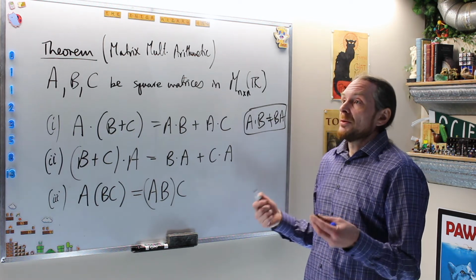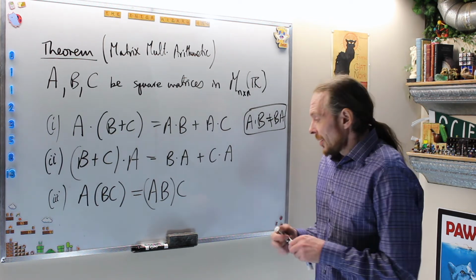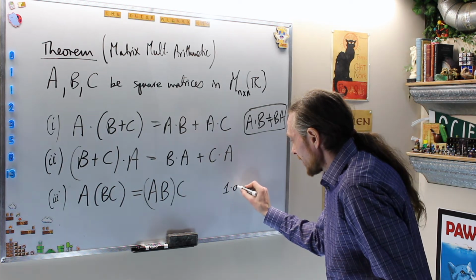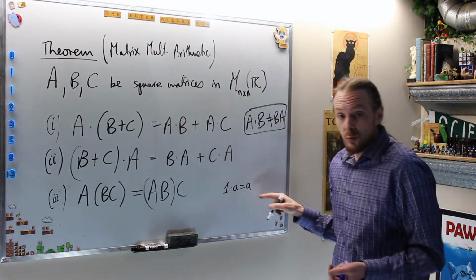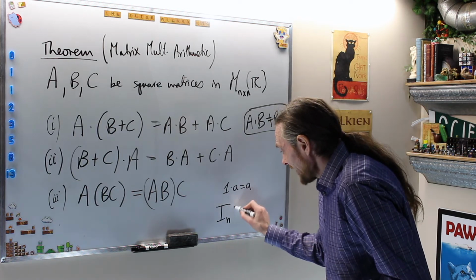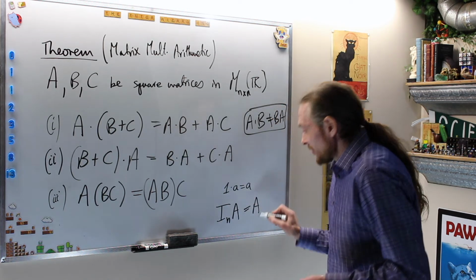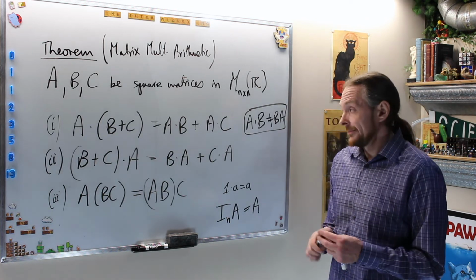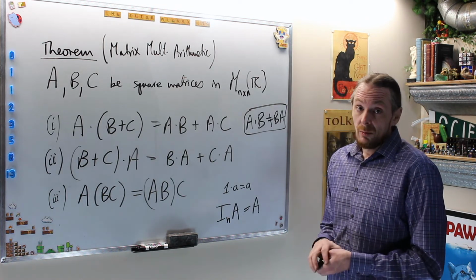Now what we're going to do is start trying to define somebody who plays the same role as 1 times A. When we do that for numbers, 1 is the guy that leaves everybody alone. Now what we want is somebody we're going to call I_n, times a matrix, which is going to leave the matrix alone. So who is that guy? Our next definition. Why are we trying to do that?